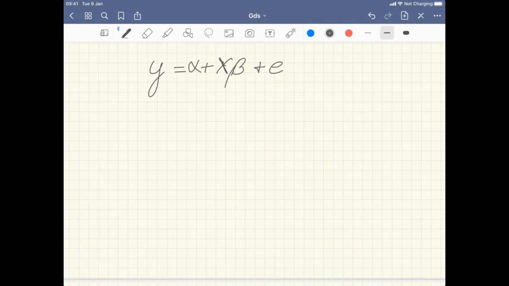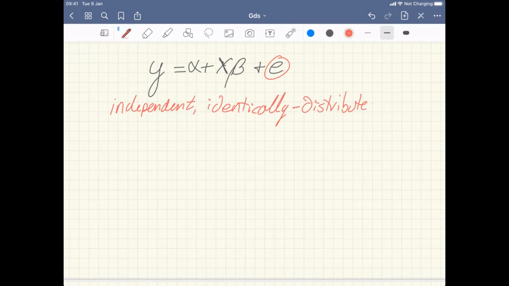So we have the model that you recognize as alpha plus x beta plus e. The condition that you all are familiar with at this point is that e has to be independent, identically distributed, normal.